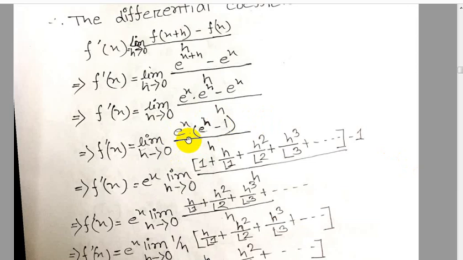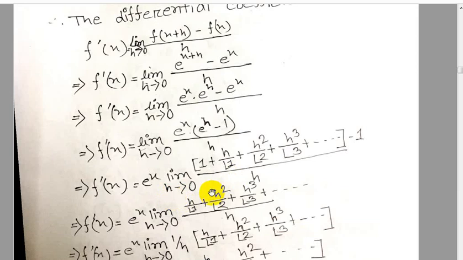This e to the power x is not dependent on h, that means here h is not the variable. That's why we have taken this e to the power x out of this limit function. So again, this line will be e to the power x into limit h tends to 0 of the Taylor series of e to the power h minus 1, divided by h.